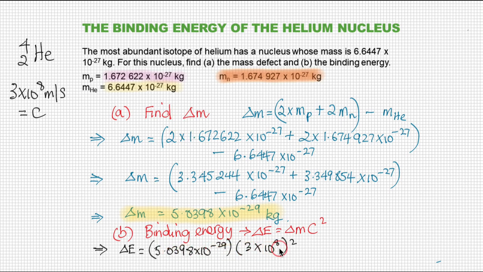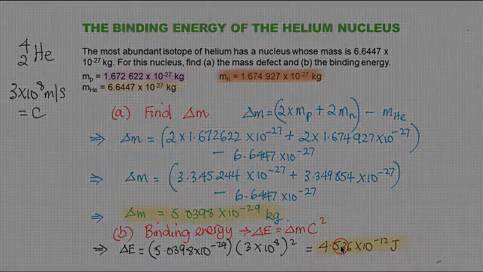We get this value here, which is the binding energy. So what that actually means is that if we take these nucleons and we do work, we use energy to combine them, get them close enough so the strong nuclear force kicks in and binds them, we need this much energy, hence the term binding energy.